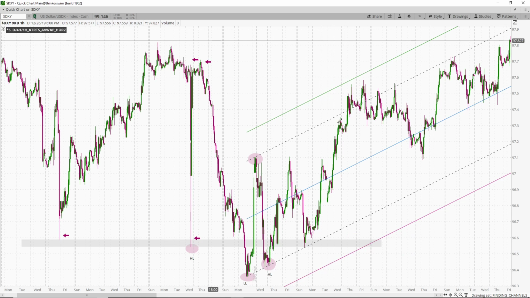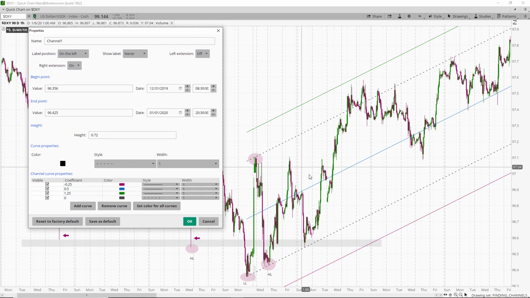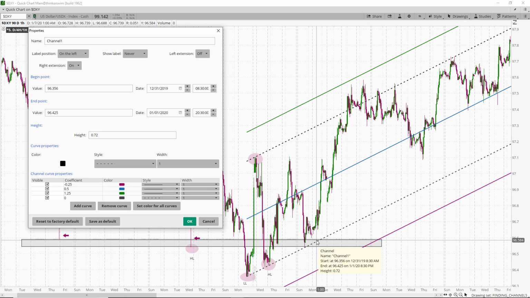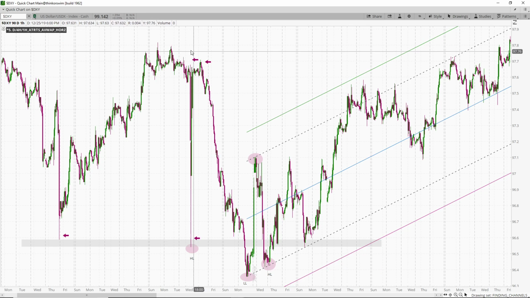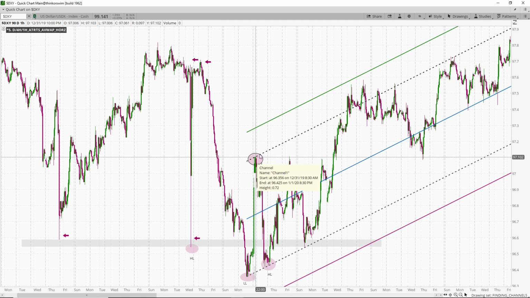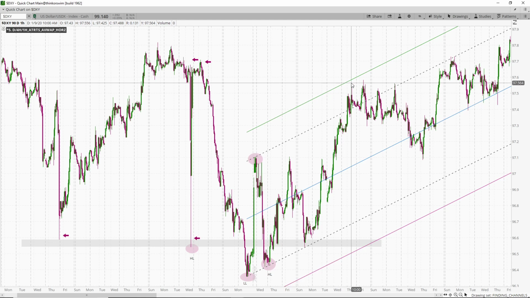So looking at this, how is this channel set up? Our zero coefficient is lined up on the first 2 points. With regards to channels, I don't like to pick higher highs as the zero coefficient.